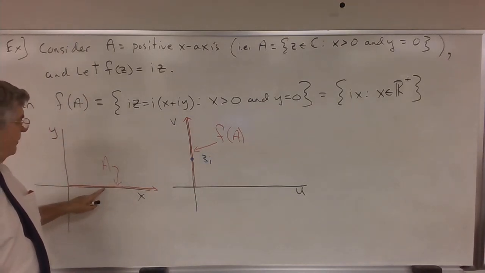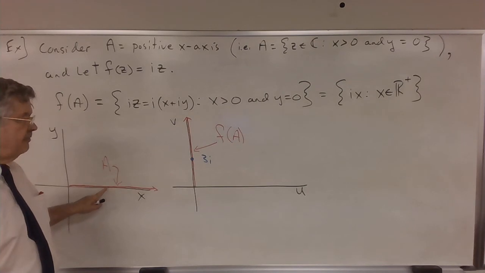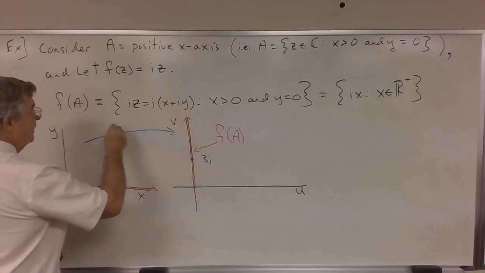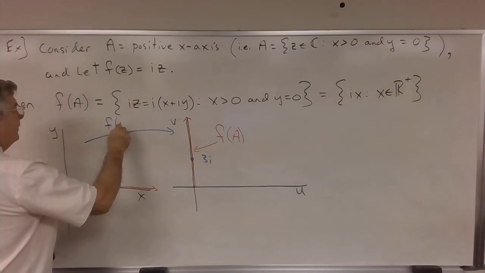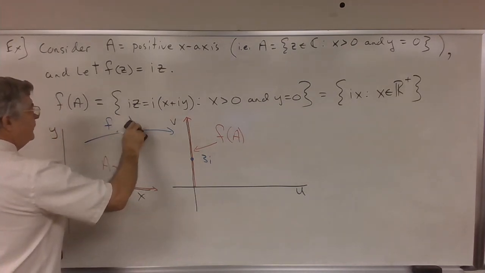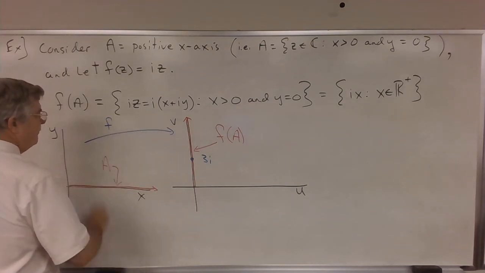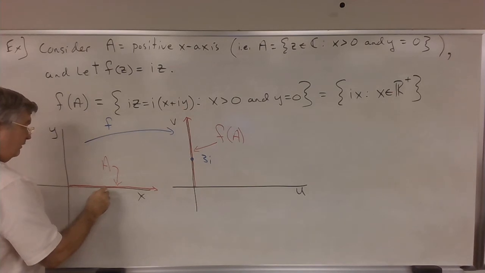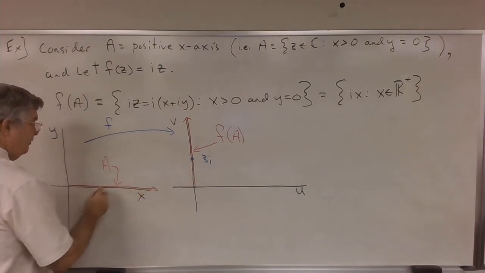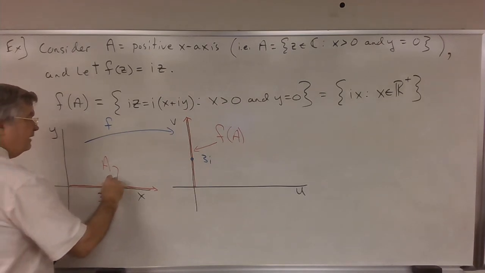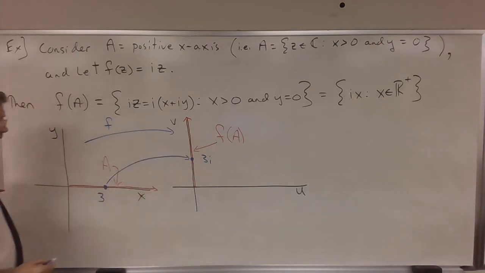What element from the positive x-axis gets mapped to it by the function f? I should be showing that f maps this region to that region. Well, let's see. What element gets mapped here? The element 3 on the positive x-axis gets mapped to 3i.